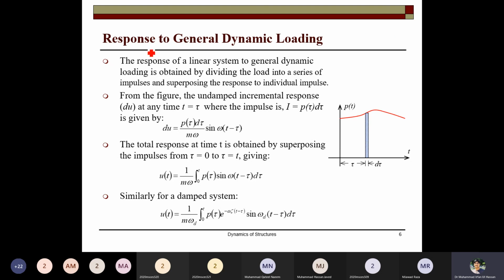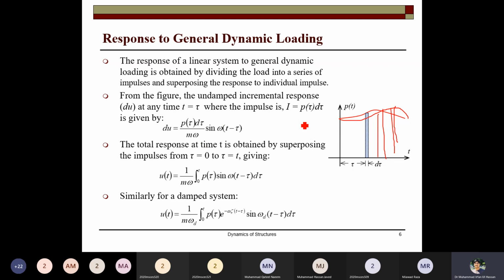Then, for the proof of the response of a linear system to general dynamic loading, basically it can be obtained by dividing the total response into many small steps. You can divide the response into small steps, superpose the response to individual impulses, and keep summing the individual ones.